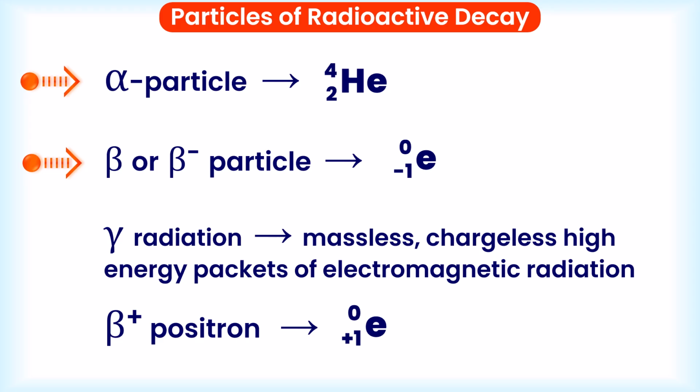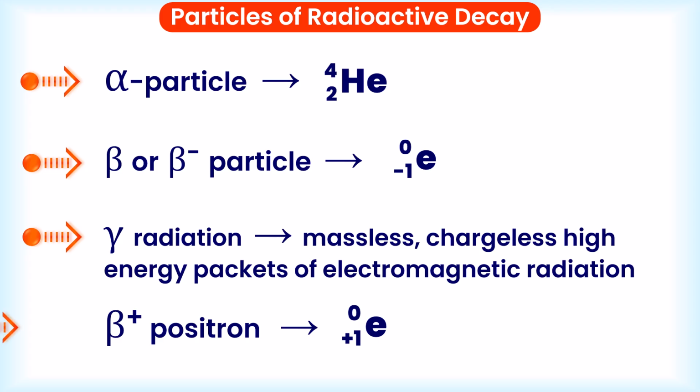These are represented either by the symbol beta or beta minus or by the notation e with a mass number of 0 as a superscript and a charge of -1 as a subscript. Gamma radiation represents massless, chargeless, high energy packets of electromagnetic radiation. Unlike alpha and beta radiation, gamma radiation does not consist of particles.